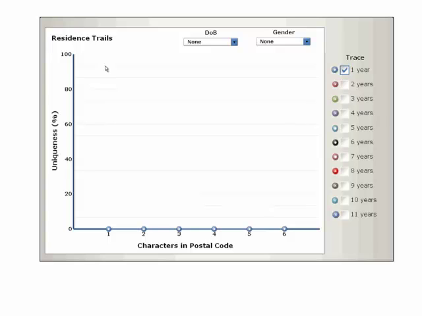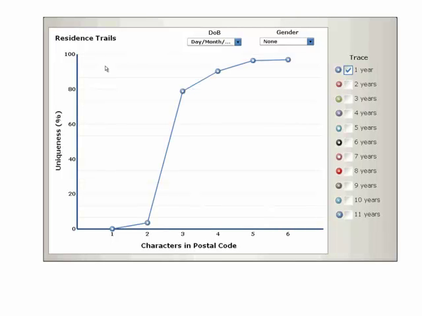the x-axis in this graph shows you the postal code, so the number of characters in your postal code, and the y-axis shows you uniqueness, which is a very crude measure of re-identification risk. But I think it makes the point very, very well. So if we look at the full date of birth, so this is day, month, year, and the full 6-character postal code, we find that on this graph, about 96% or so of the population is unique.